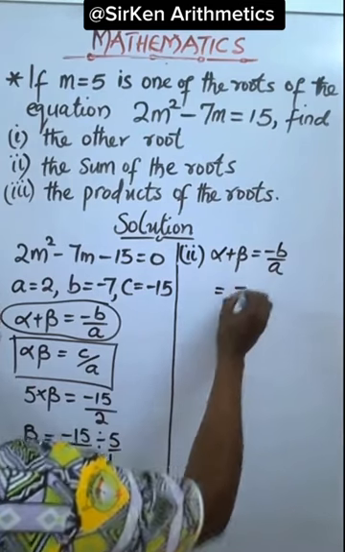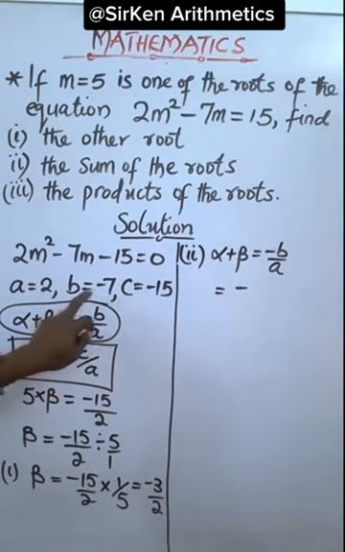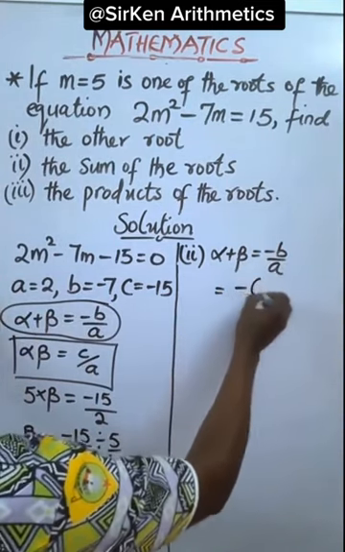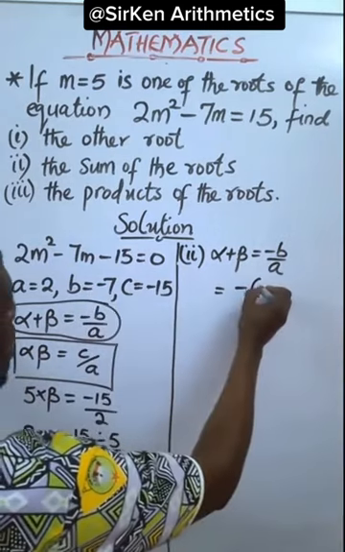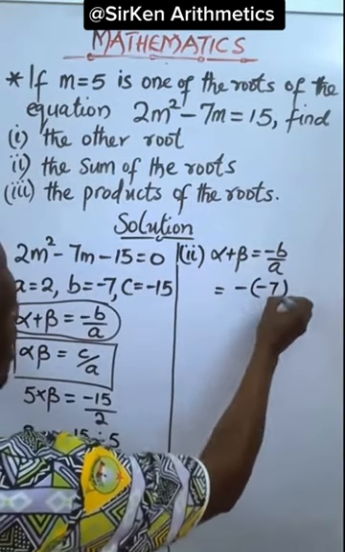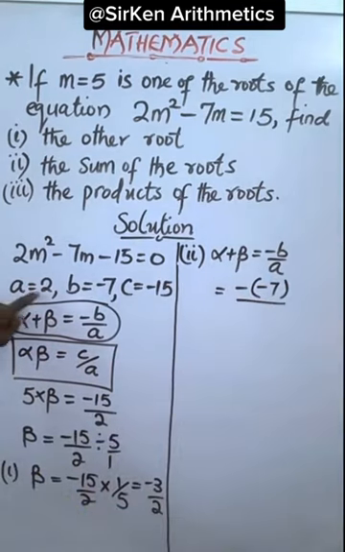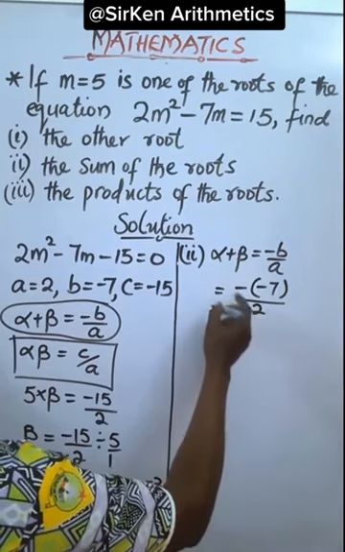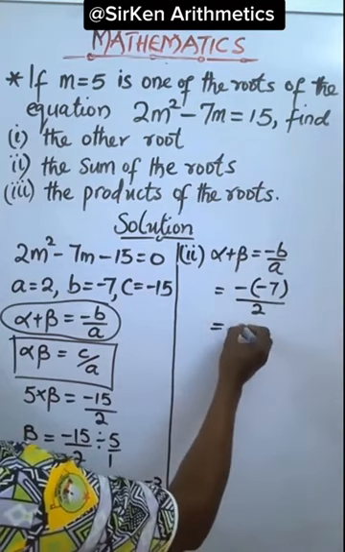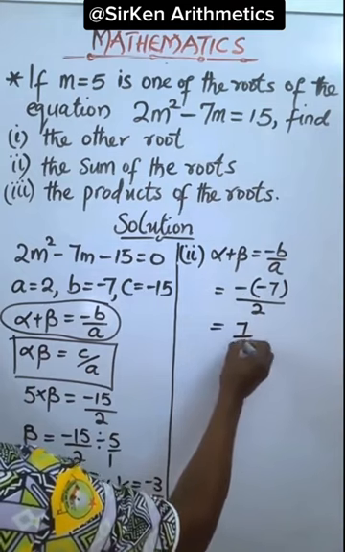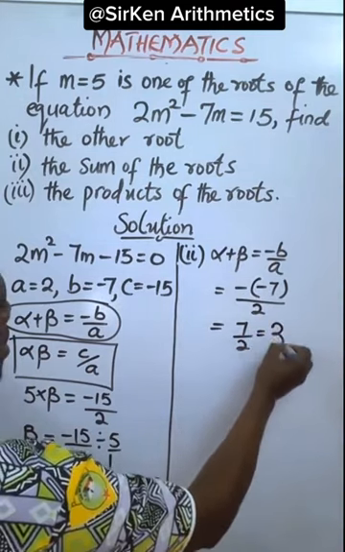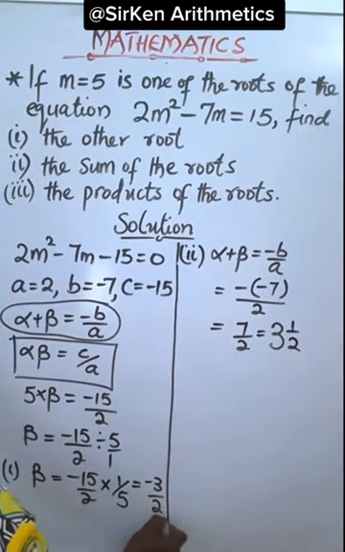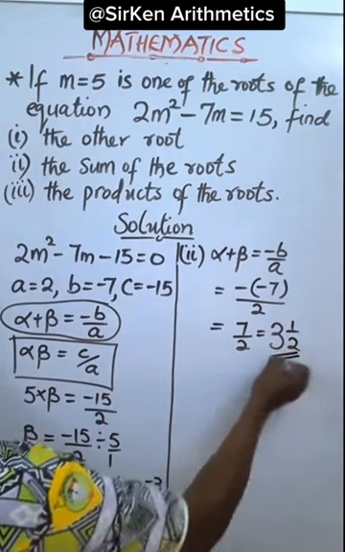And that will give me minus, b is minus 7, so minus of minus 7 over what is a? a is 2 here. You put it there. And in the end, minus times minus is what? Plus. So you'll be getting plus 7 over 2, which is the same thing as 3 whole number 1 over 2. You understand? So the answers are pouring out already.